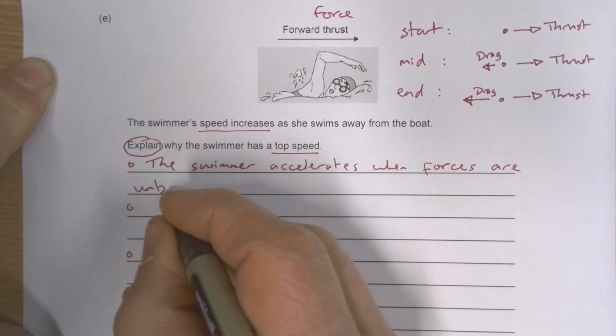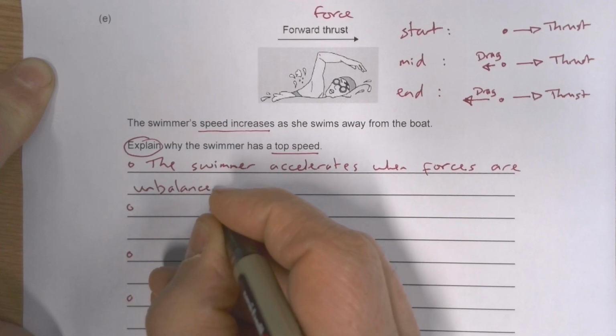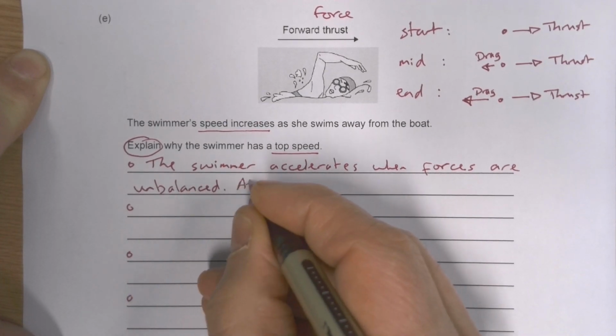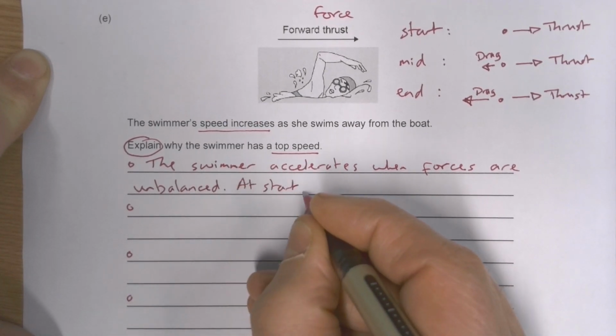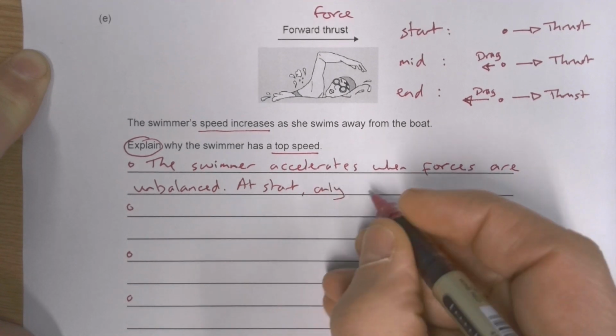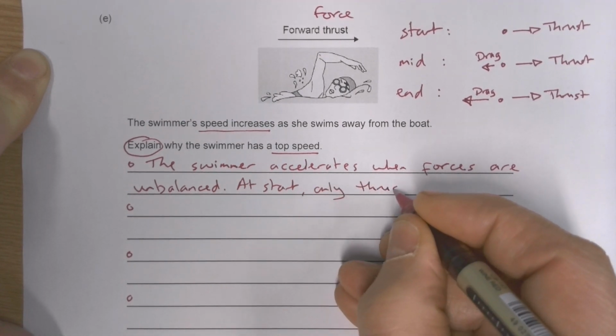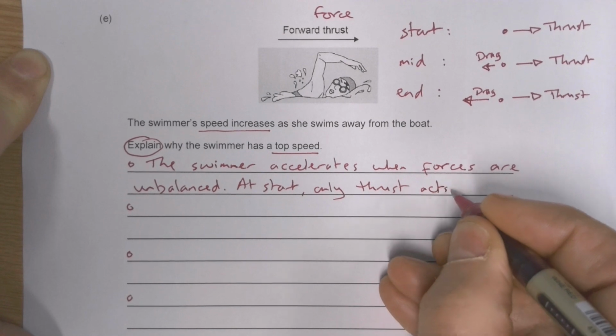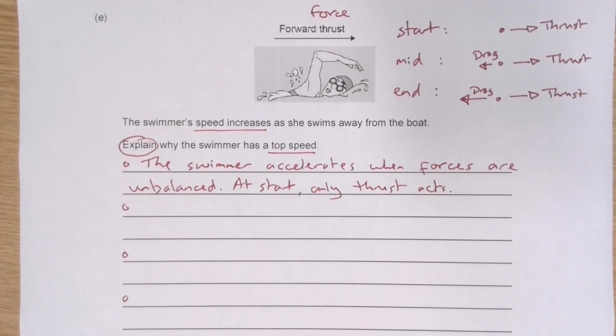Okay, so we know acceleration happens when the forces are unbalanced. At start, only thrust acts. Okay, right at the very start. So the forces are unbalanced, only the thrust is acting.